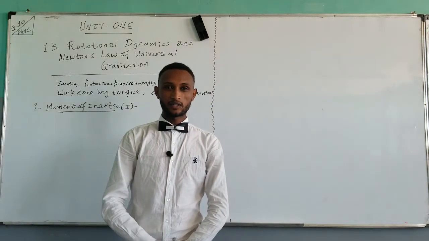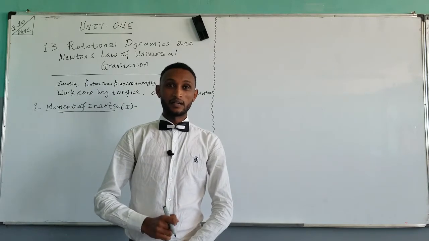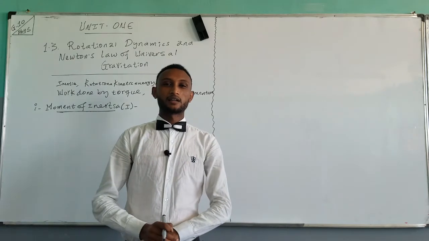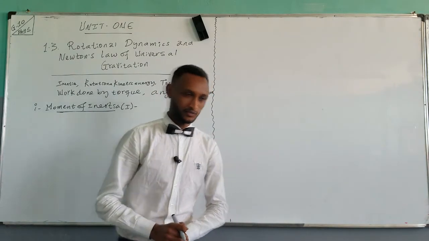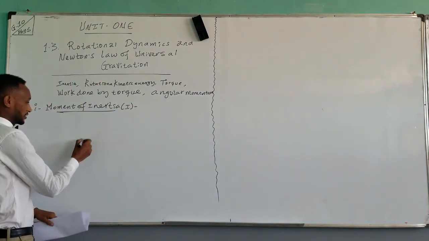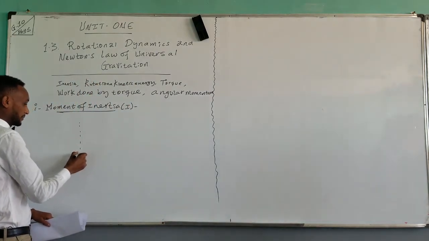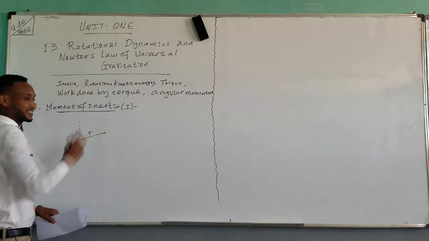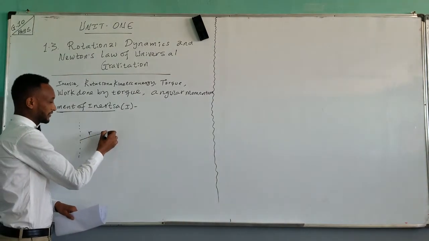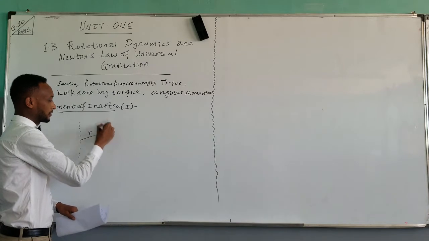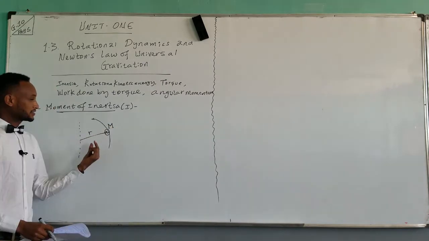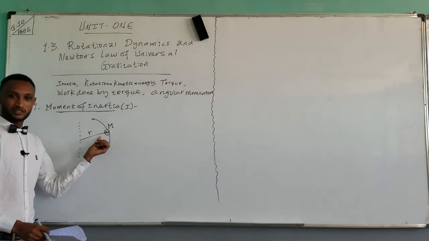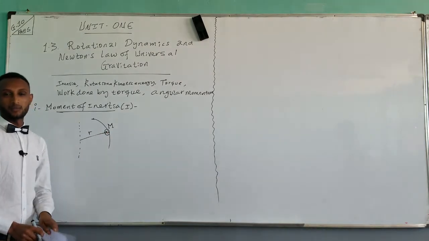If an object is rotated at a distance from a point, you can measure the manner of distribution of the mass of the body relative to the axis of rotation. Say a point mass is at a distance r from some point. The measure of the distribution of this mass about the axis of rotation is called the moment of inertia.